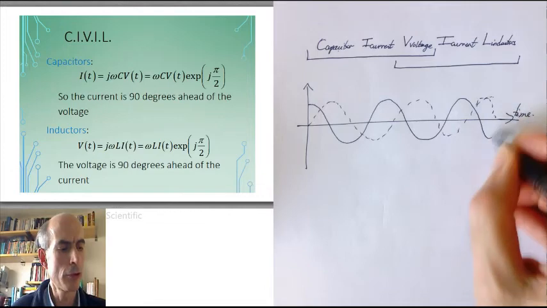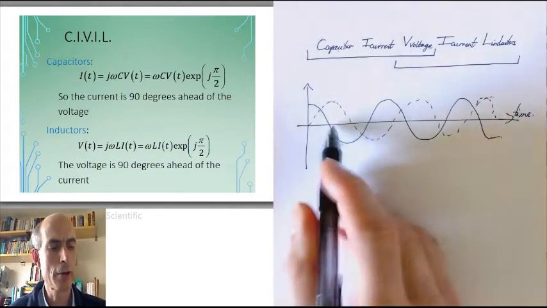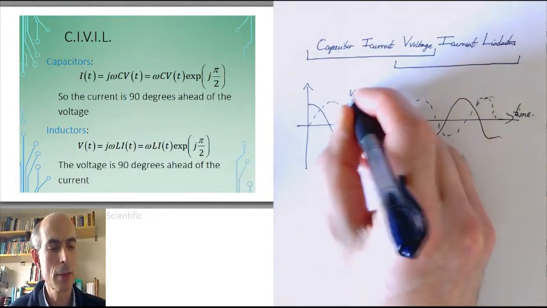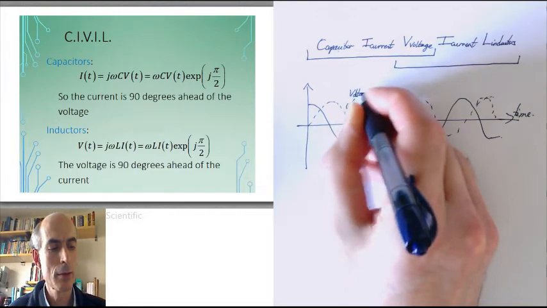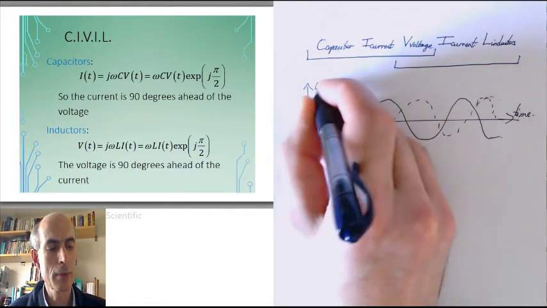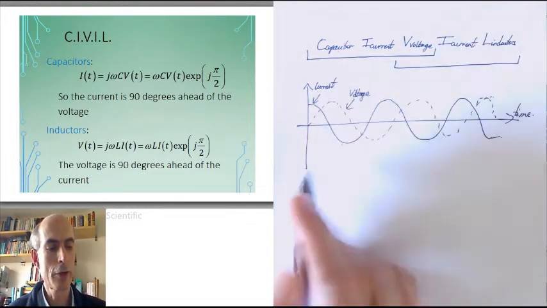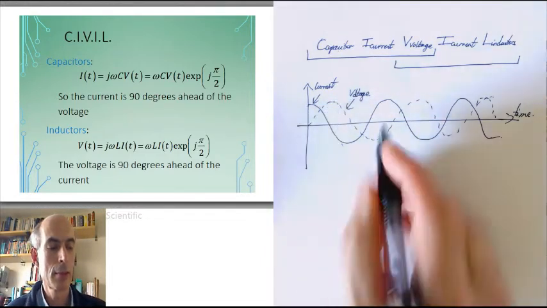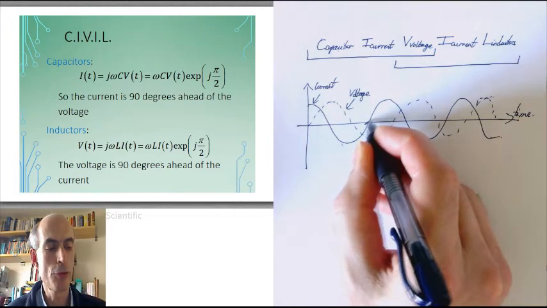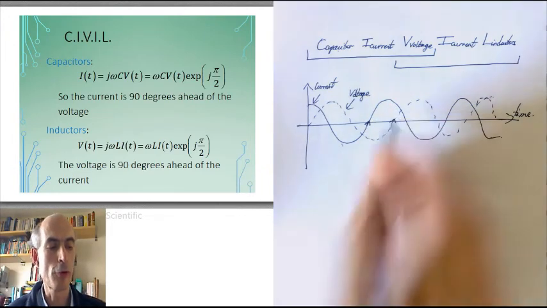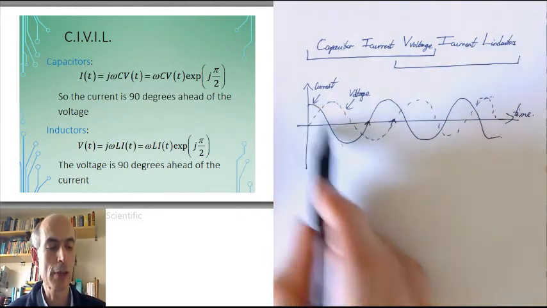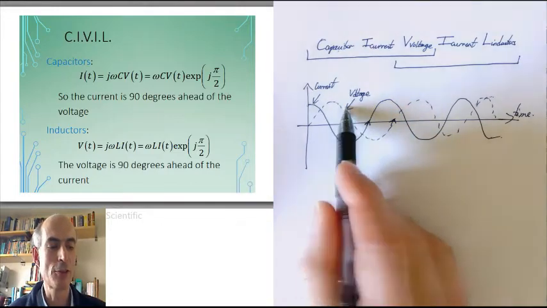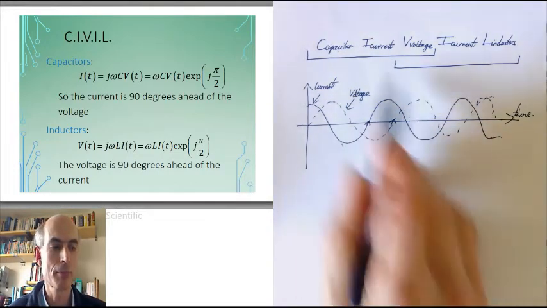Not a terribly good drawing. Sorry, it's better down here. This is the voltage. This is the current. The current goes through its maximum first. It comes up through 0 before the voltage. So the current oscillation is ahead in phase of the voltage oscillation.